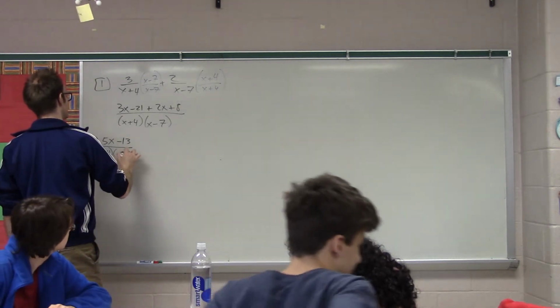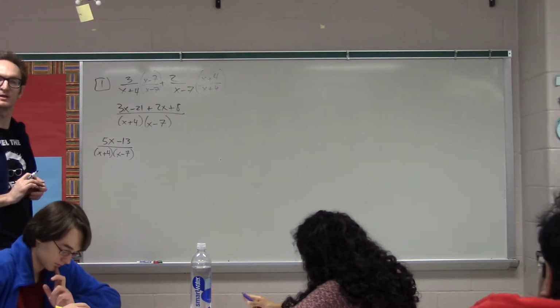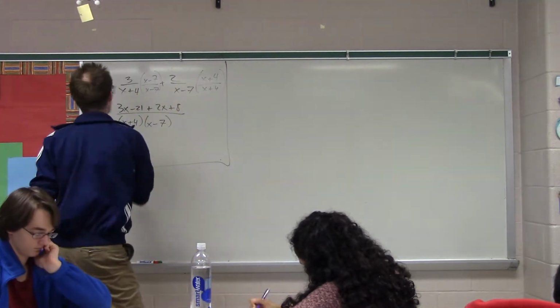Did you get this? 5x minus 13 over x plus 4, x minus 7. Yeah? Great. Okay, everyone's been doing that since middle school.